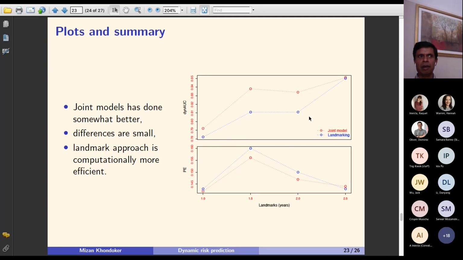So people may consider whether you need to fit a complex joint model, because the landmark approach seems to have very close performance. And I have to say that this landmarking approach I have used is the very basic one. It doesn't do any interpolation of the longitudinal marker. It just does last observation carried forward and then applies the landmark approach.